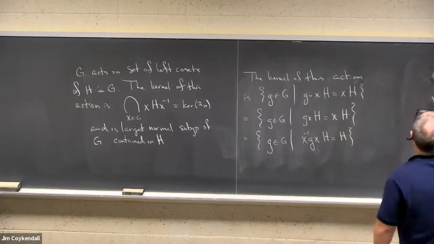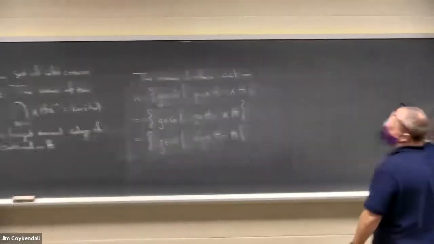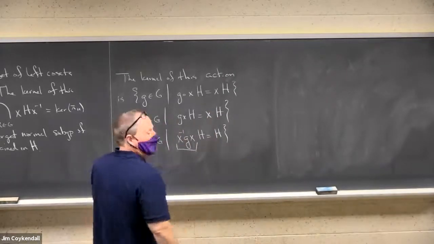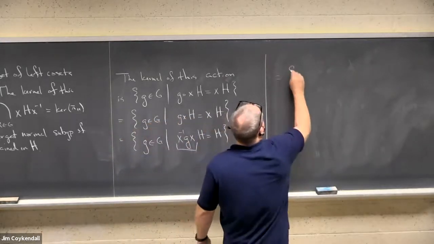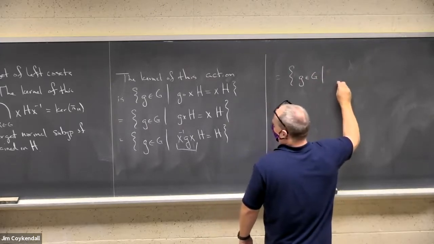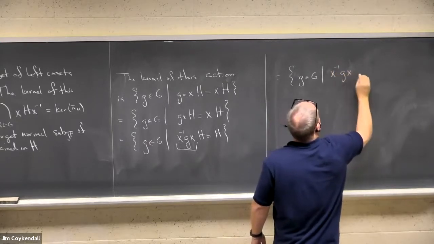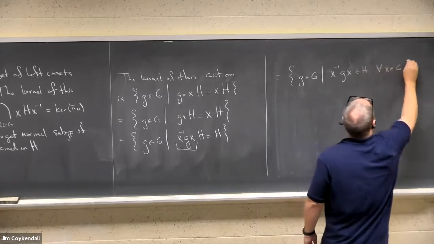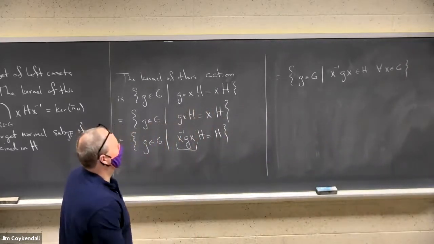Now, what does it mean for x inverse g x to be in H? Well, it just means that this blob here has to be in H. So this is the set of g in G such that, and I should be saying for all x in G all the way down, there.